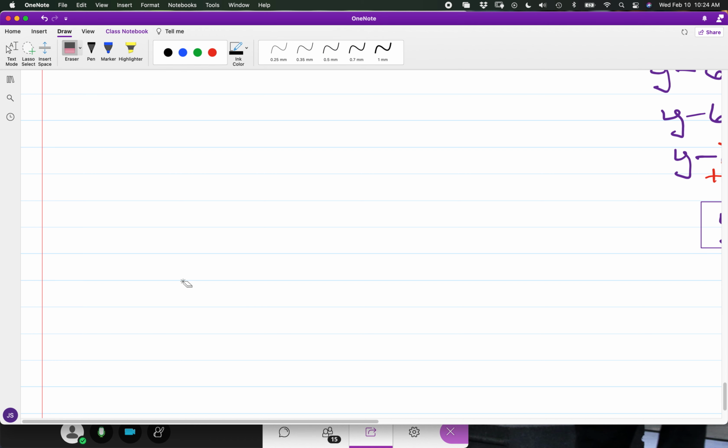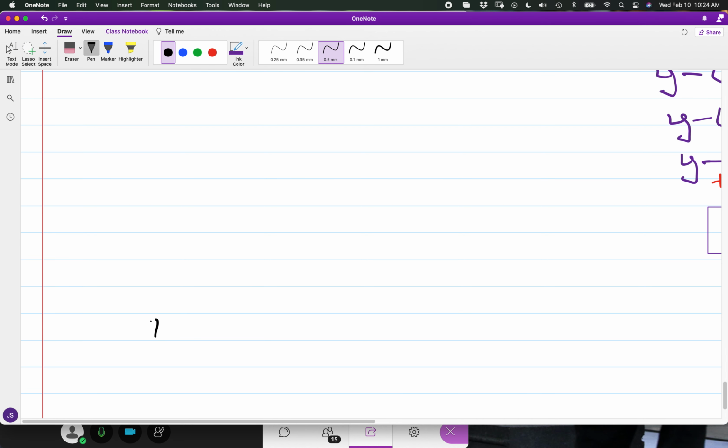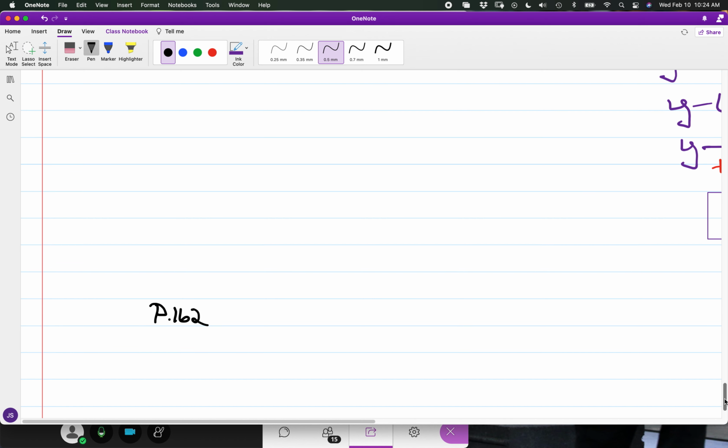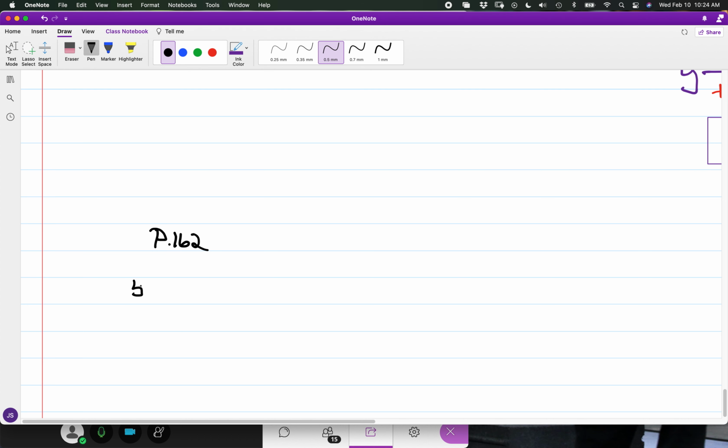If we're looking at the slope-intercept equation, from number 52, this time we have an equation in x and y: 3x minus y is equal to 6. So this is a standard form of the equation for x and y. And I want to express this in terms of y equals mx plus b. So I have a bit of work to do.